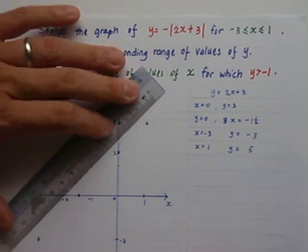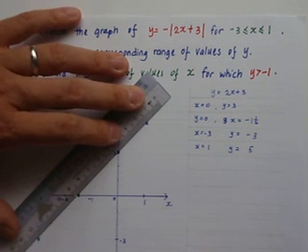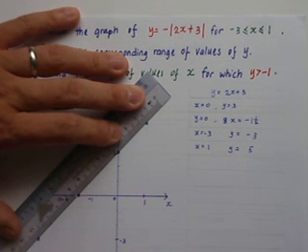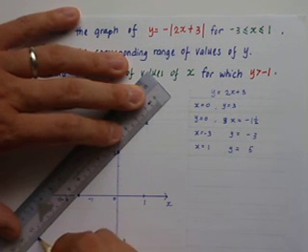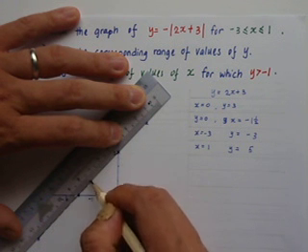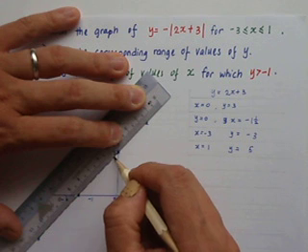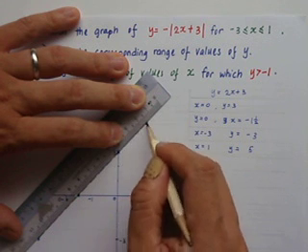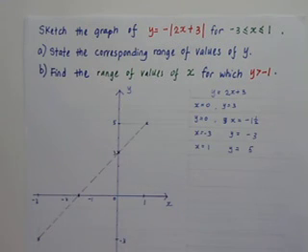So we draw a dotted line to show the line y equals 2x plus 3. This dotted line represents the line y equals 2x plus 3.